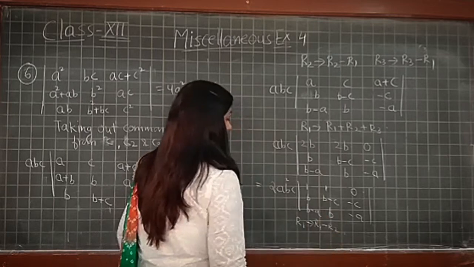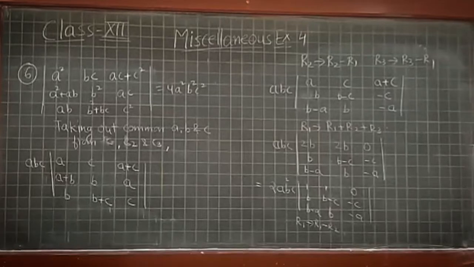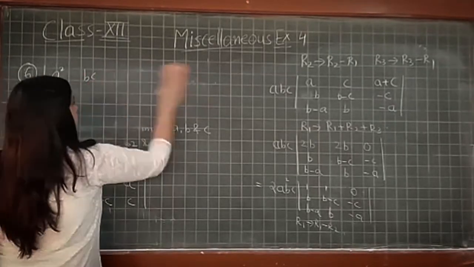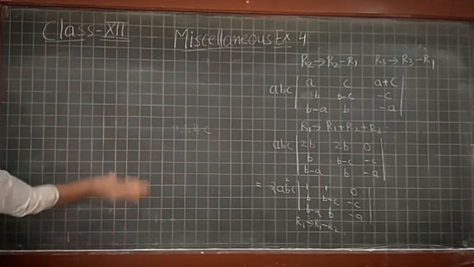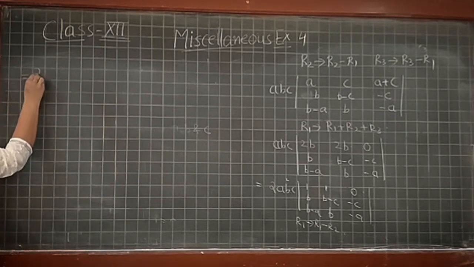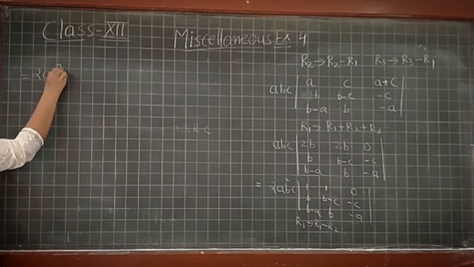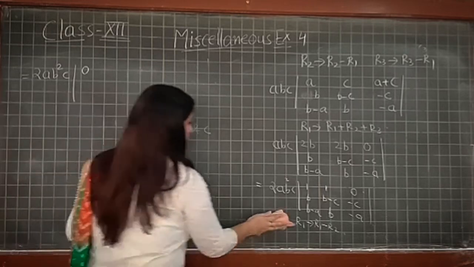Now you will try to get one more 0 that you can get after subtracting. So it is equal to twice of A B square C into, then R1 minus R2 is not R1 minus R2, change this to C1 minus C2.